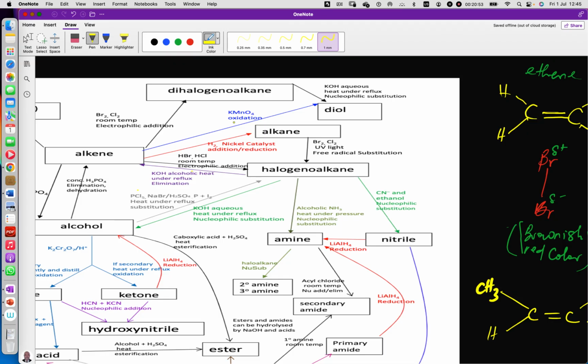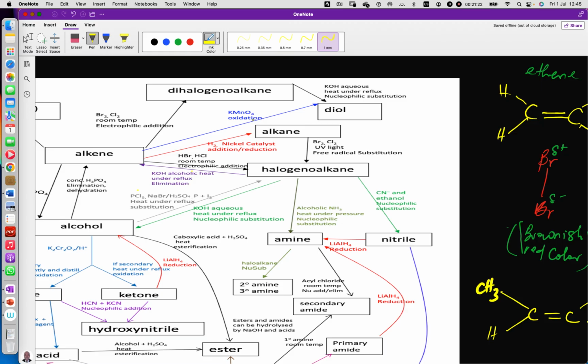The acidified potassium manganate 7 that is being used is cold dilute acidified potassium manganate 7 solution at room temperature. So the condition is room temperature.